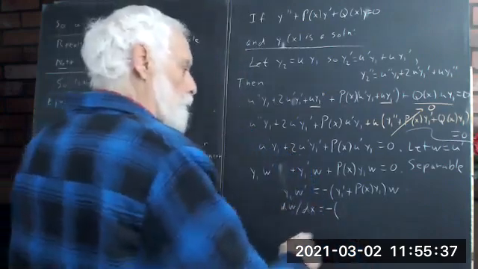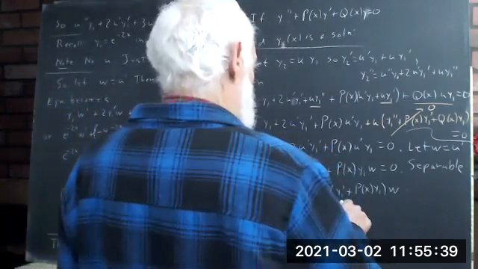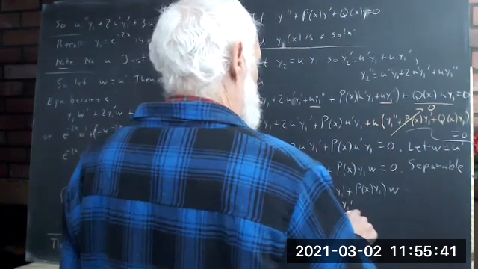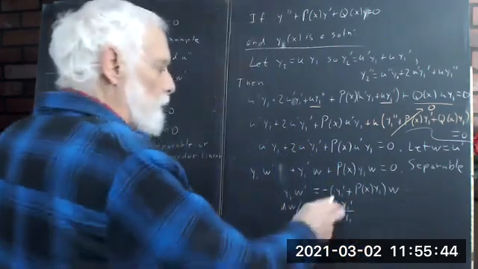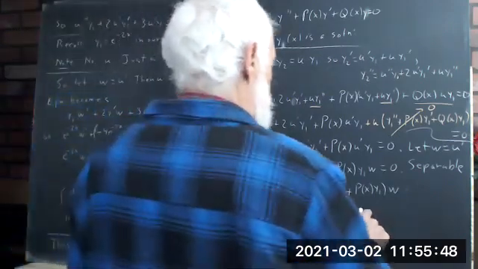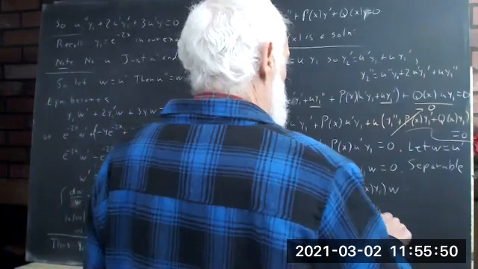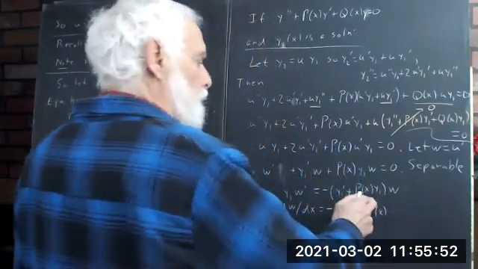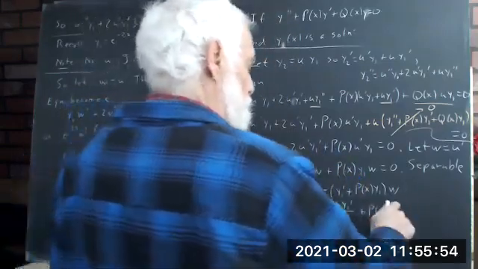So we're going to divide through by y1, giving us y1 prime over y1. And of course, dividing this term by y1, y1 goes away.